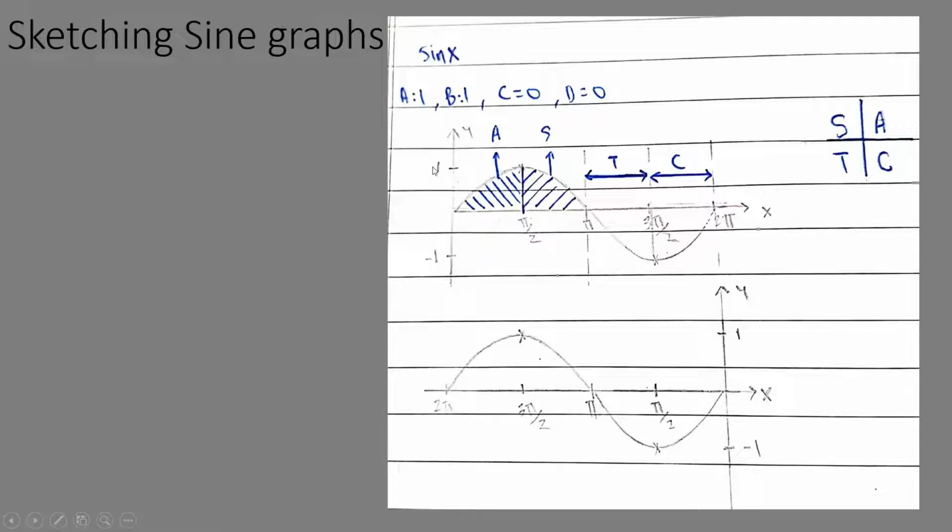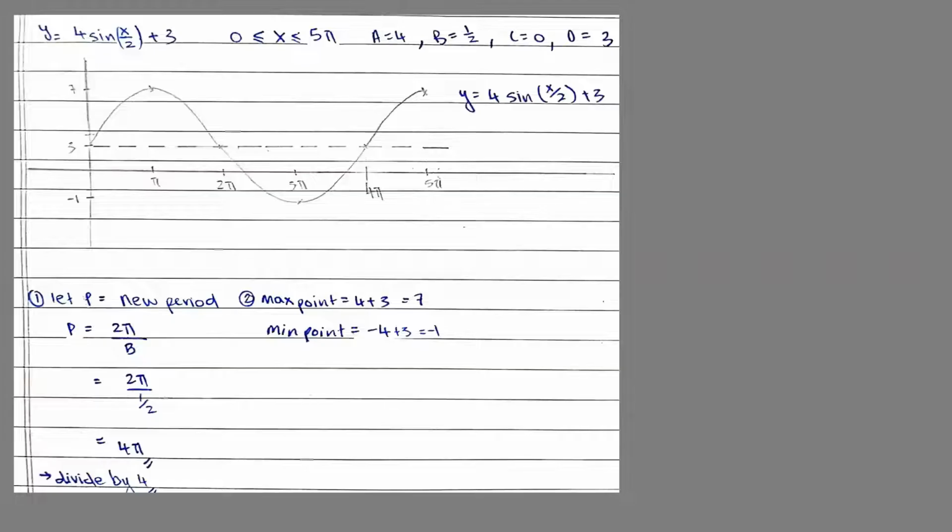Take note that the peaks have been swapped. It goes below the x-axis first, and then it comes up to form this shape. So take note of these points. And that's the generic shape of a sine x function.